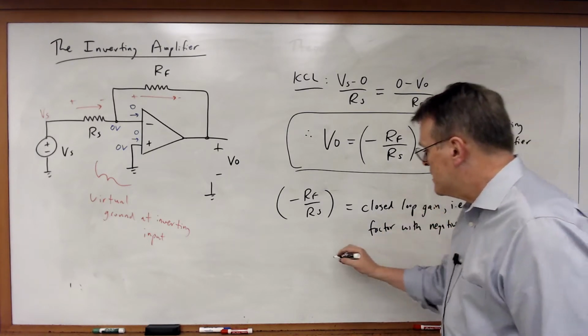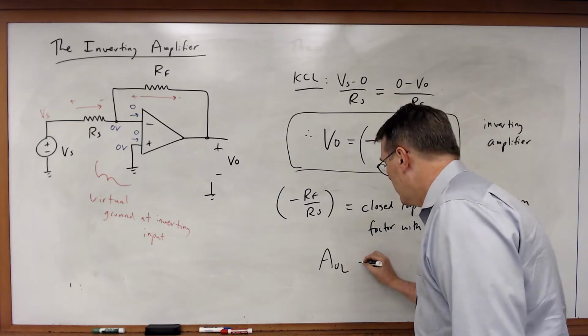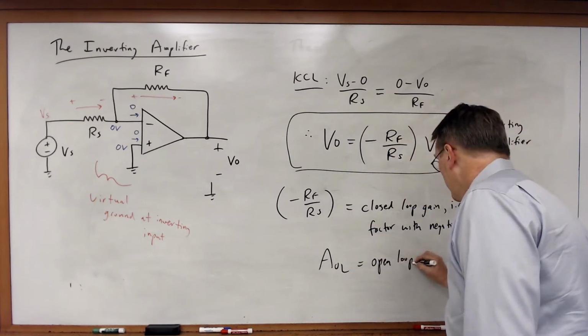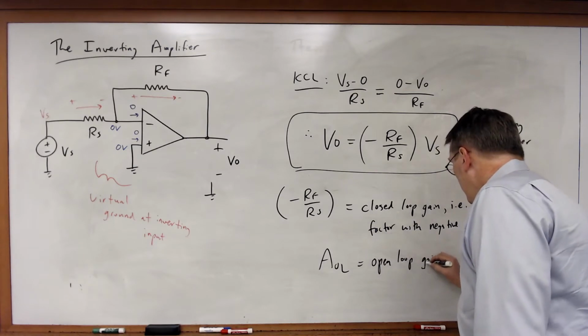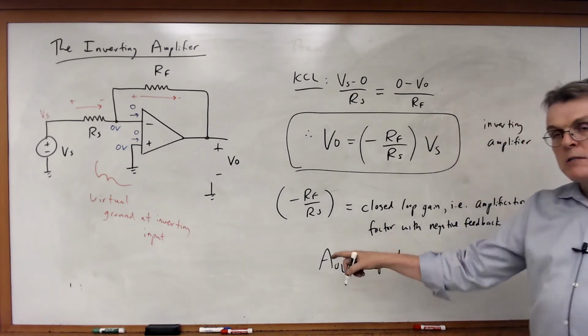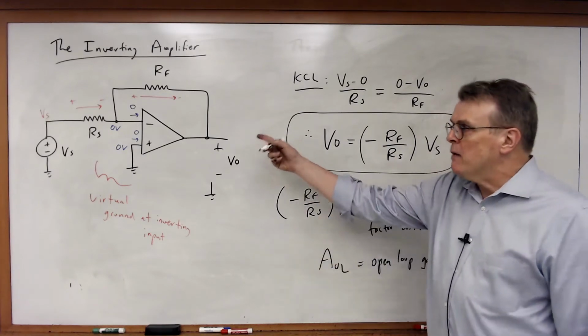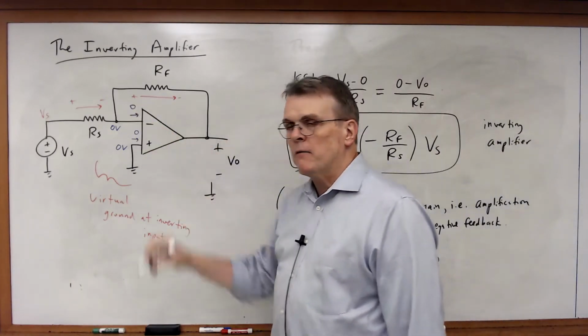Now contrast that with what we defined earlier, the open loop gain. The open loop gain is the amplification factor without negative feedback, without any way of connecting the output to the inverting input.